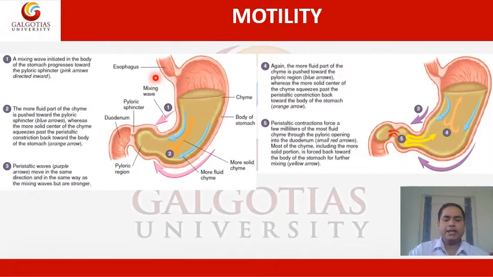The motility can be understood using this figure. A mixing wave is initiated in the body of the stomach and progresses toward the pyloric sphincter. The more fluid part of the chyme is pushed toward the pyloric sphincter, whereas the more solid center of the chyme squeezes past the peristaltic constriction back toward the body of the stomach.